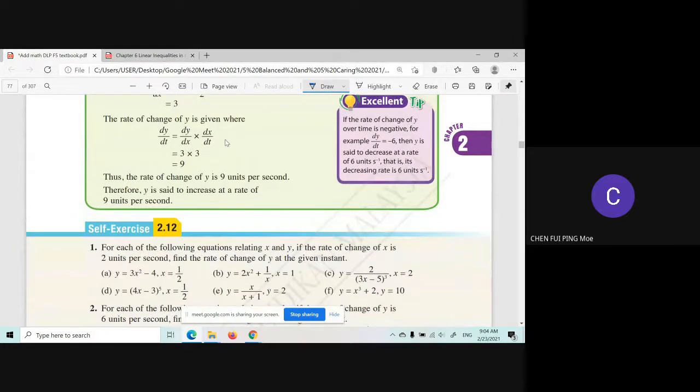I want to remind you, sometimes you might need dx dy. Sometimes, for example, I change the question a bit, asking you to find dx dt given y increases or decreases. So how do you form it? You will form dx, you will form dt here, and here you put dy. So in case you need dx dy, how do you find dx dy?